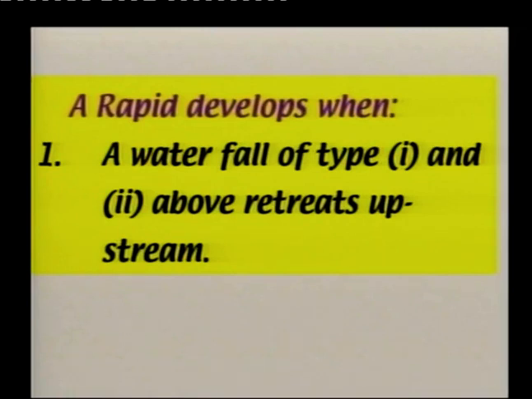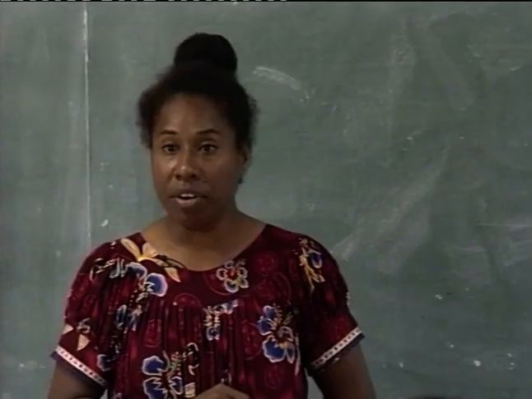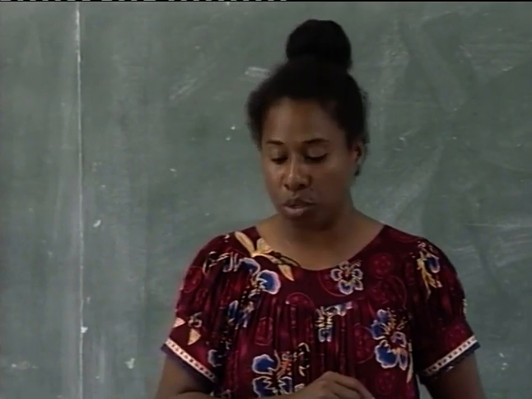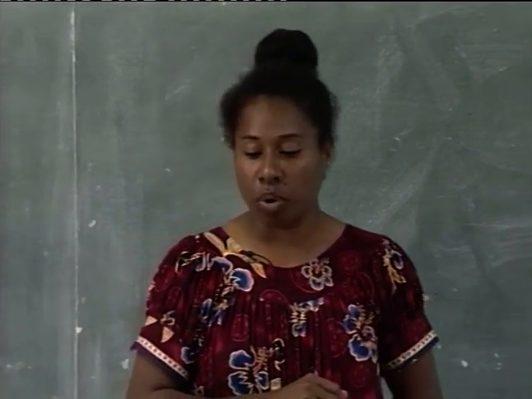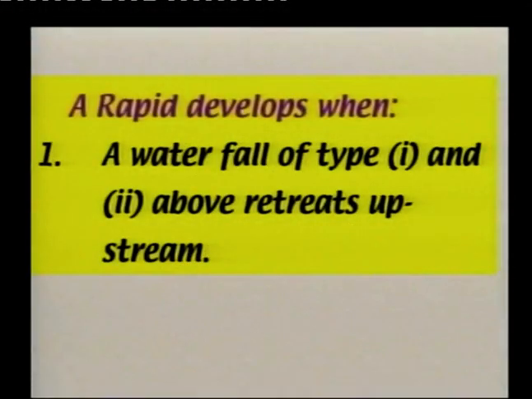The first type is the one where the hard rock lies horizontally. The second type is the one where the hard rock dips upstream. And the third type is the one where you have a vertical intrusion of hard rock along the riverbed. We're making reference to the 2 only, that is 1 and 2.